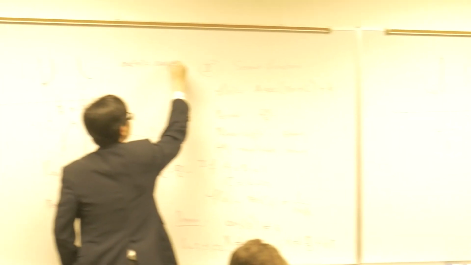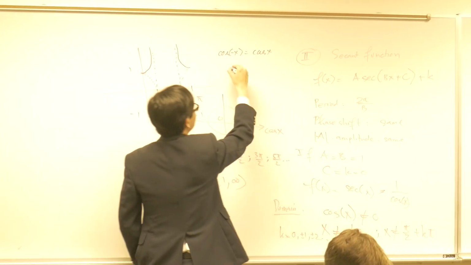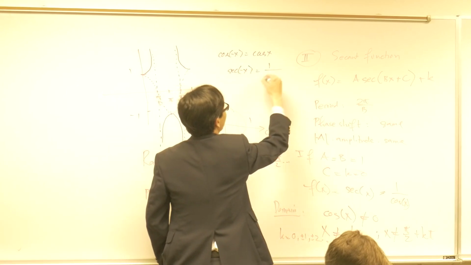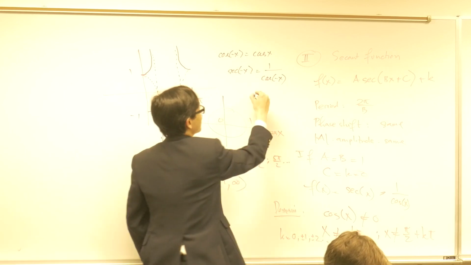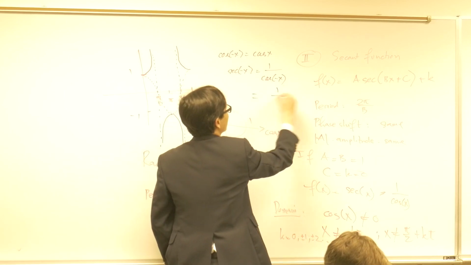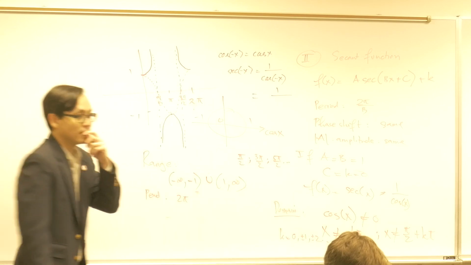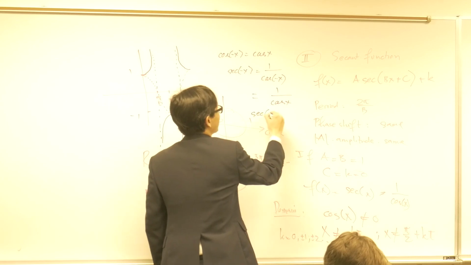We know cosine of negative x equals cosine of x. And secant of negative x will be 1 over cosine of negative x. Because cosine is an even function, that gives you cosine of x only, and that's why secant turns out to be even over here.